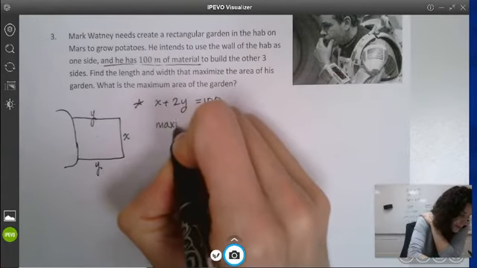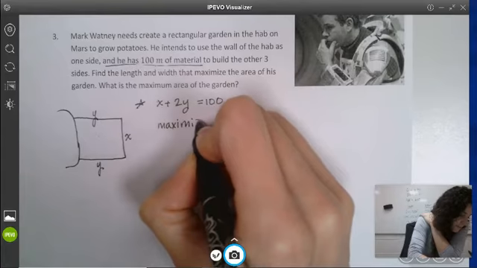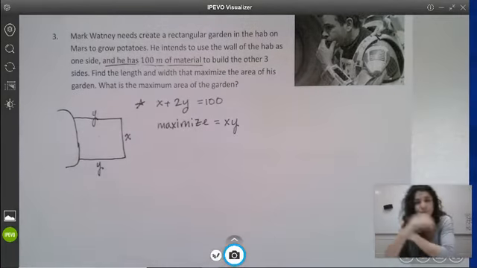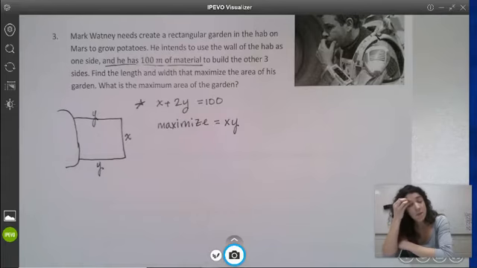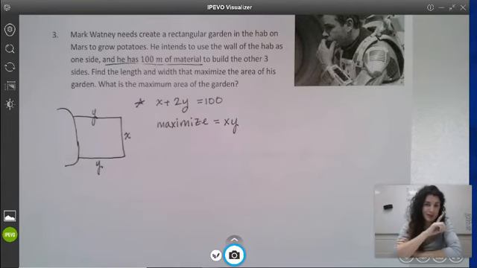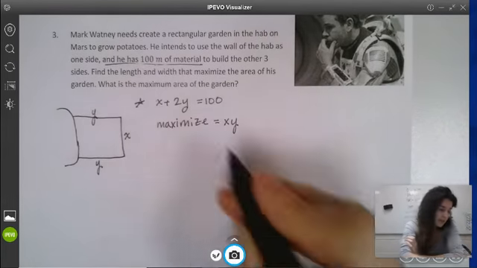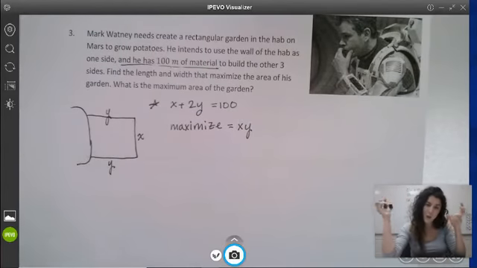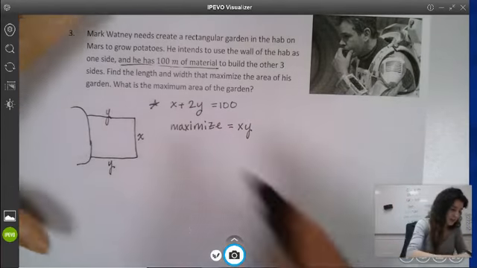We want to maximize x times y. When we are maximizing an equation, we're talking about maximizing the y value. So think about this for a second. We want to maximize this, which is the y value. Actually, let me do something else here.